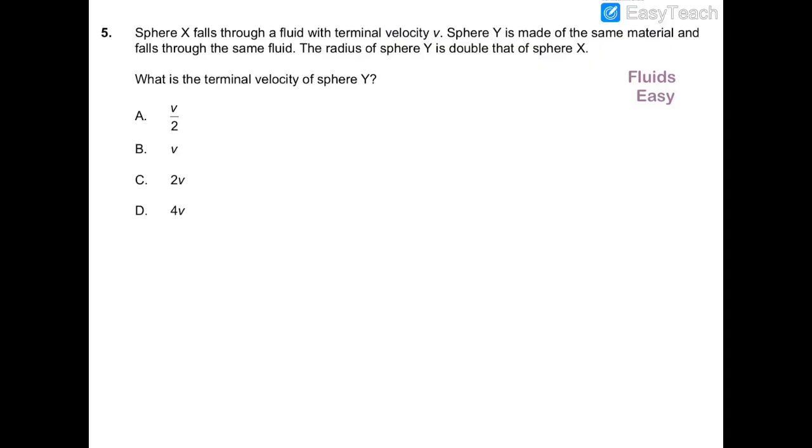We know that the terminal velocity is the velocity when the net force is 0. So we can say that when sphere X is falling, mg will be acting in the downward direction, buoyancy will be acting in the upward direction, and viscous force will be acting in the upward direction.